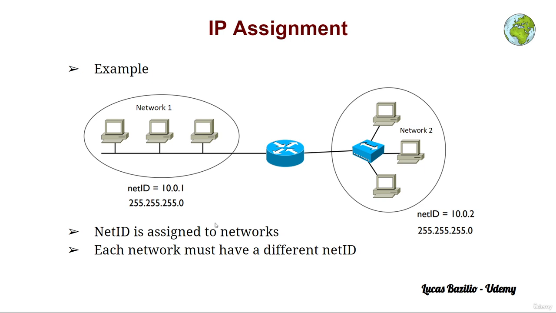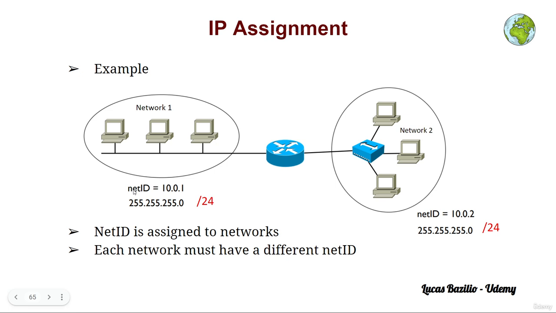Now let's assign the net ID, the network identifier, to each of these networks. Remember, since we have a mask of 24 bits, we will need to select 3 decimal values for the net ID. If we have 24 bits set to one, each decimal place is 8 bits, so if we divide 24 by 8, we get the number of decimal places in the net ID, which is 3.